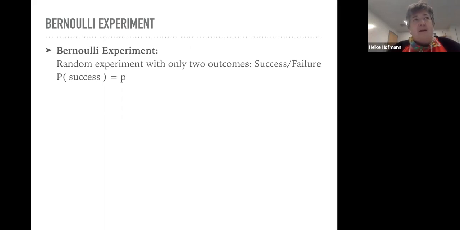And we've seen a couple of these kind of experiments for the last couple of hours already. So you can think of a coin flip, so head, tail, rolling a 6 or not, winning a major tournament or not. So a lot of experiments are made up of these kind of small Bernoulli experiments.